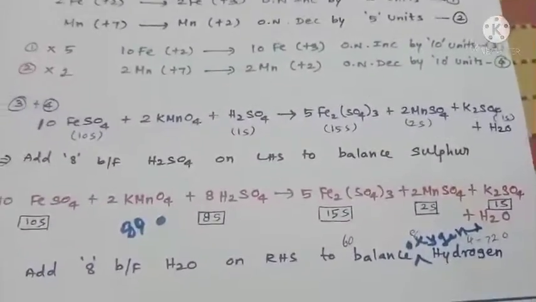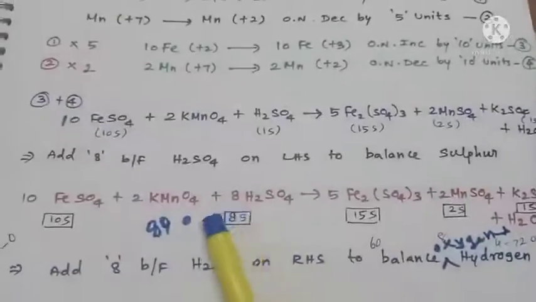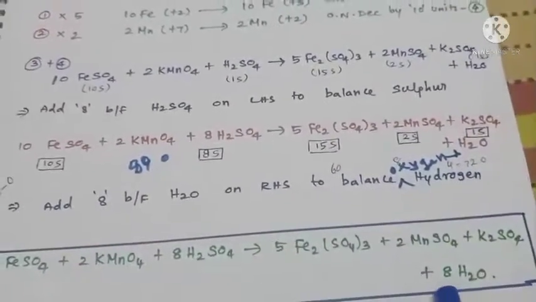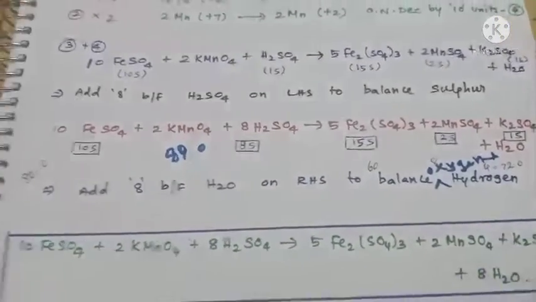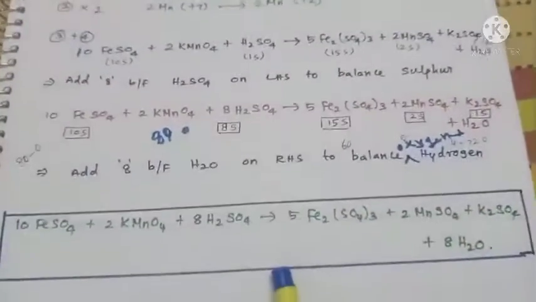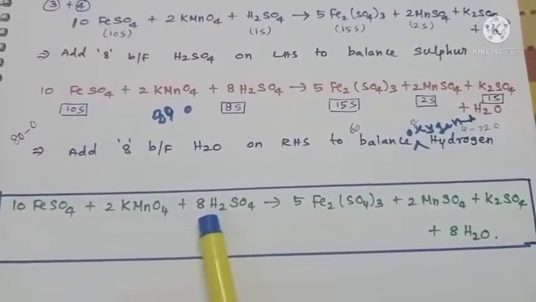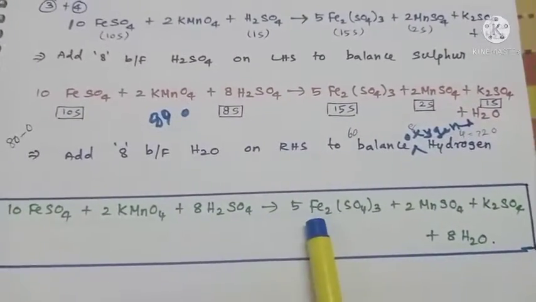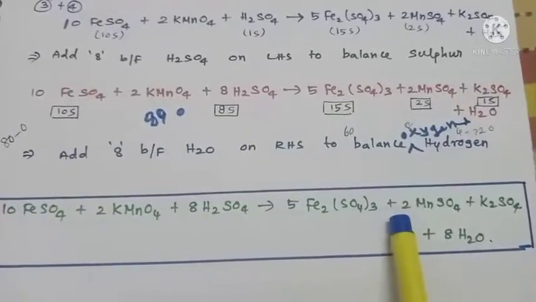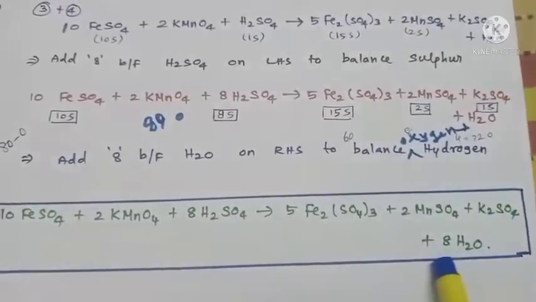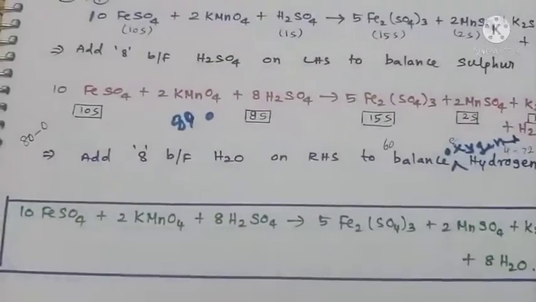Even hydrogen will be balanced, because the left hand side has 16 hydrogen, and when you introduce 8 here, the right hand side also has 16 hydrogen. Okay, so the final balanced equation is 10 FeSO4 plus 2 KMnO4 plus 8 H2SO4 gives 5 Fe2(SO4)3 plus 2 MnSO4 plus K2SO4 plus 8 H2O. Thank you.